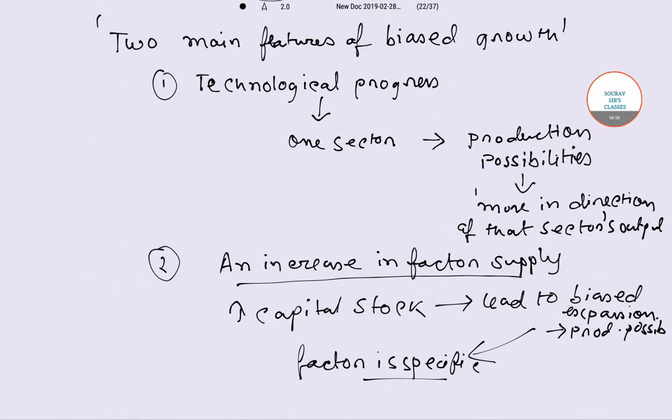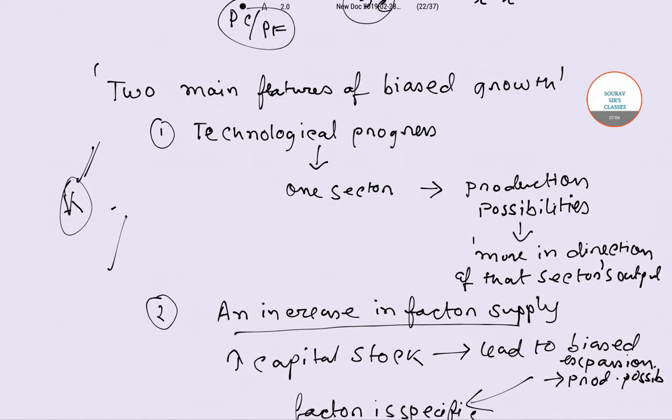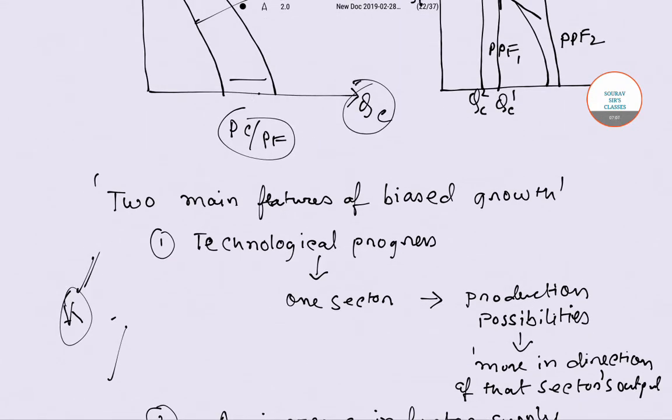Suppose the supply of capital has increased and there is one good which uses capital intensively. Now if you look at this PPF, the production of that commodity which uses capital intensively will increase. Thus the same forces which give rise to international trade will also lead to biased growth in the trading economy.